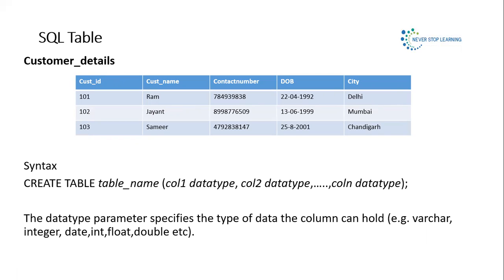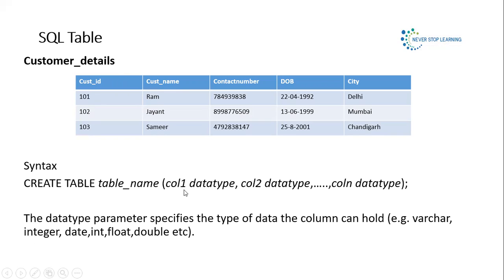So here, for creating this in our SQL, we need a particular syntax for the creation of a table. As you can see, the syntax is create table, table name, and the different columns. As I told you, customer ID is a column, customer name is a column. So however many columns you have, that many columns you write along with the data type, separated by a comma.